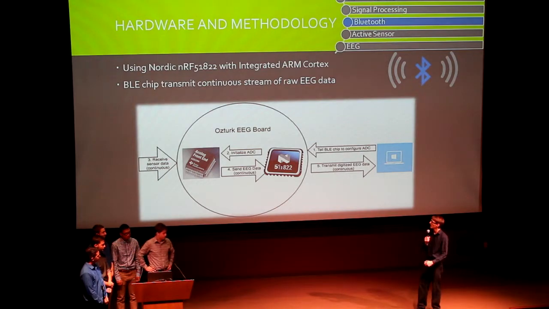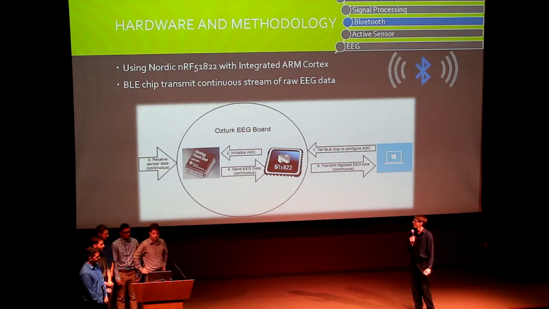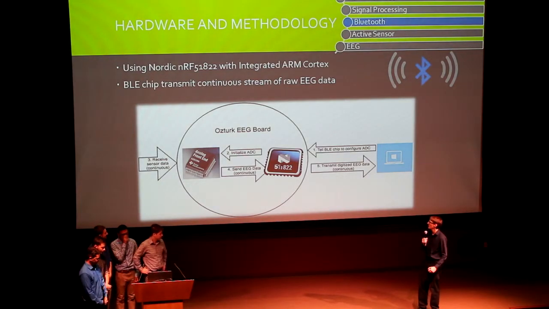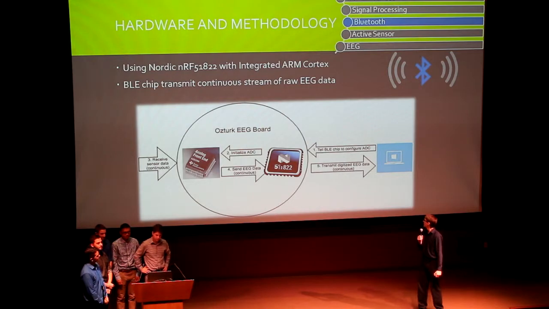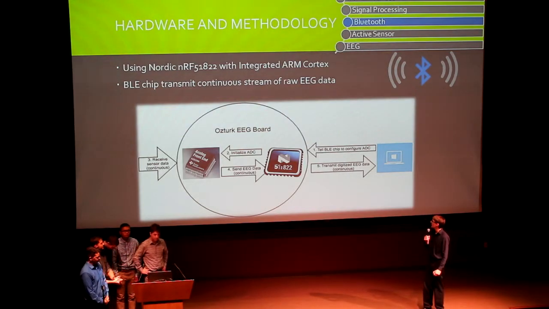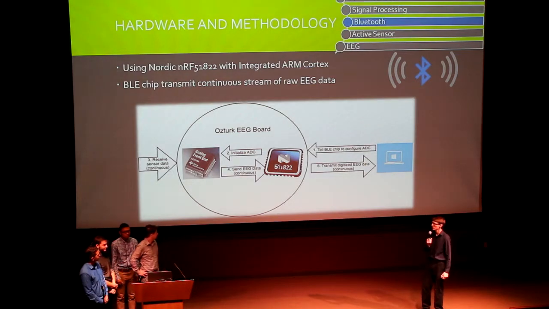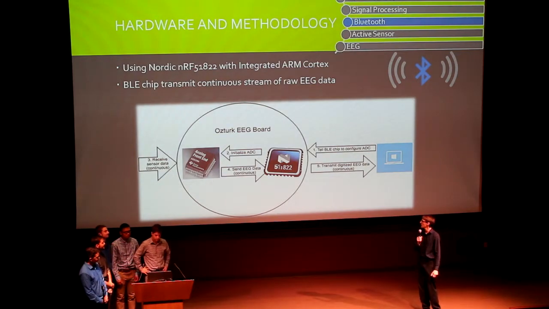We were not directly involved in the development of the board, nor the embedded software that controls it, with the exception of some small things like changing the name of the device; we were asked not to change that. But we have a good understanding of the basic components of this board. This board consists mainly of a Nordic nRF51822 Bluetooth low energy chip.